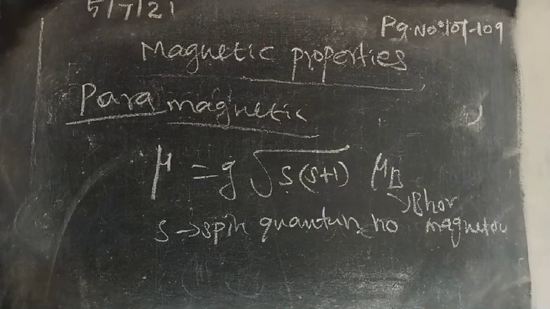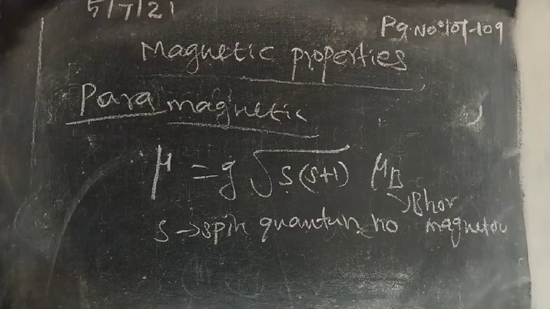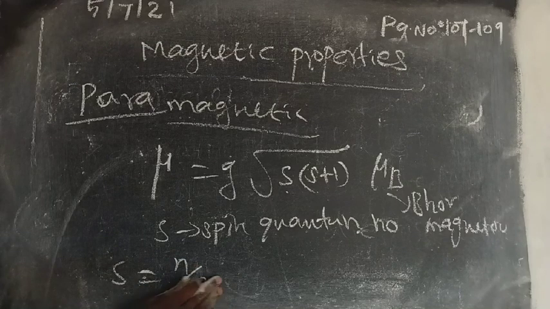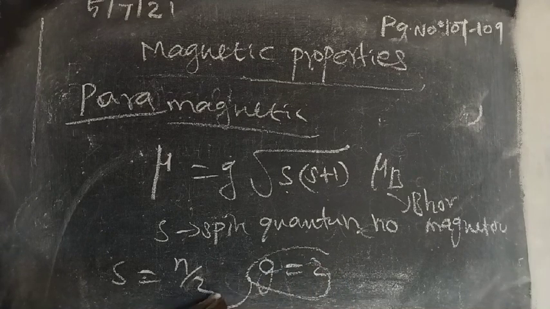What is g? g is nothing but 2. S can be written in terms of the number of unpaired electrons: S equals n by 2. For an ion, the number of unpaired electrons we can calculate. Here the 2 in the denominator is denoted as the g value.